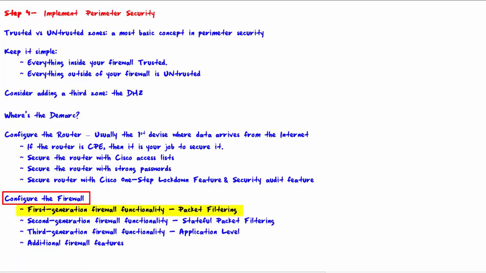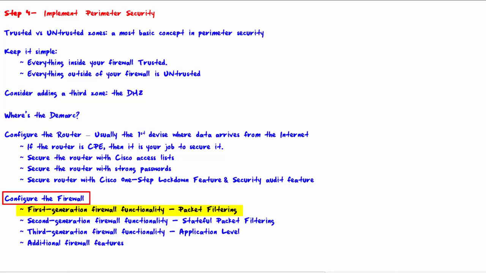So first we talk about first generation firewall functionality. First generation packet filtering is pretty much the same as the functionality that you get with Cisco standard and extended access lists mentioned above.